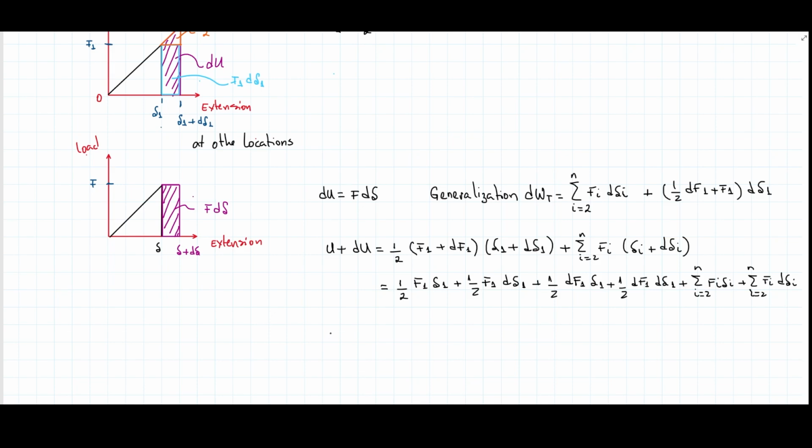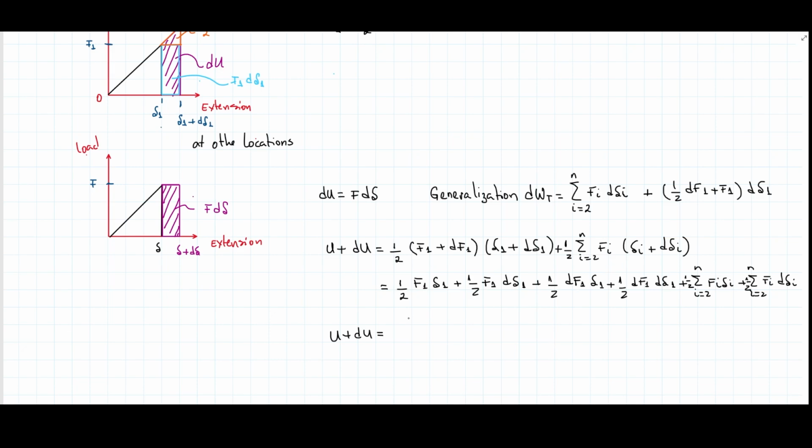Then I could collect some terms. Sorry, this is applied gradually, so this has a half here, and this has a half here, and a half here. Sorry about that, I just missed it.